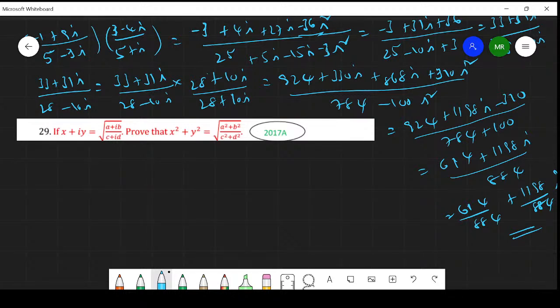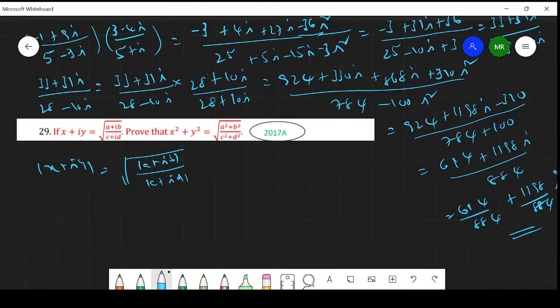So you consider the modulus of that. You take mod x plus iy. This is an easy technique. Write mod x plus iy equals root of mod a plus ib by mod c plus id.